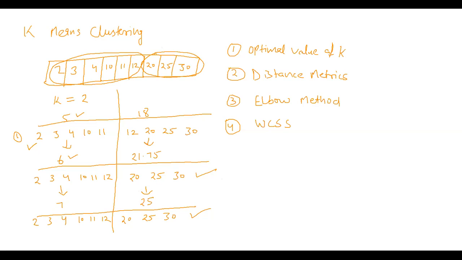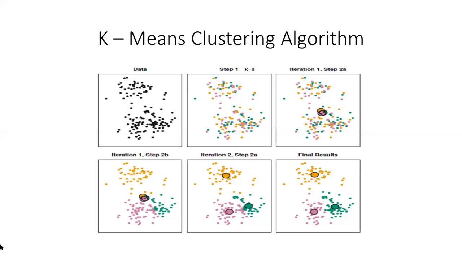Now I'll explain the same through my presentation also. Just look at the first picture. I have all of the data in just one color, which is black. I do not know what kind of pattern or similarity or how many groups there are in this data.